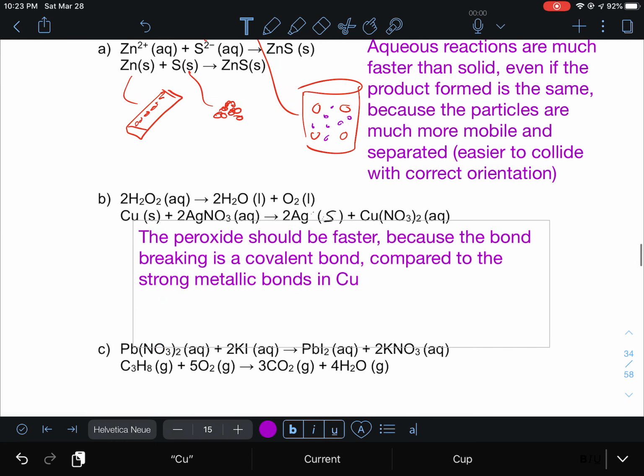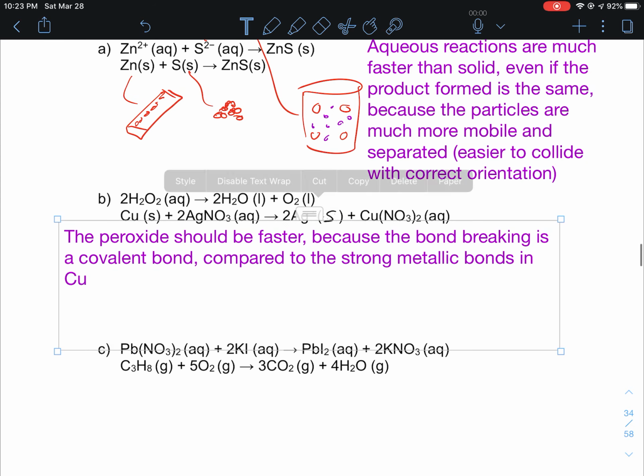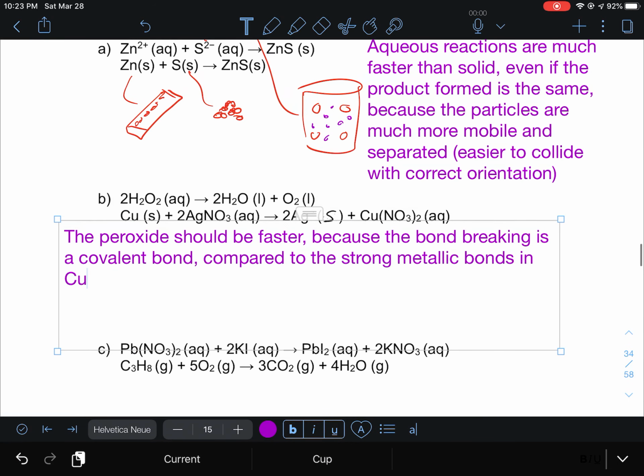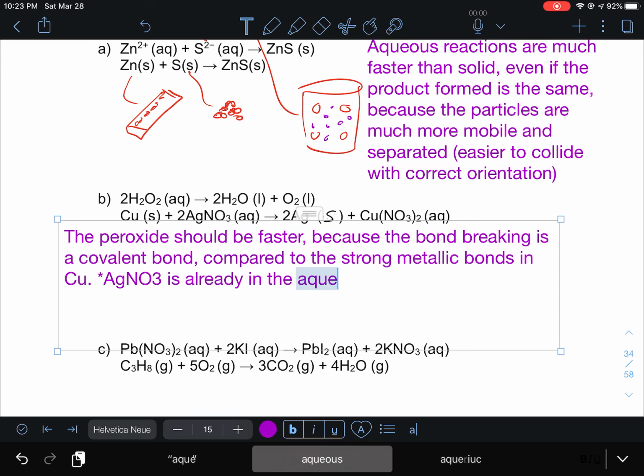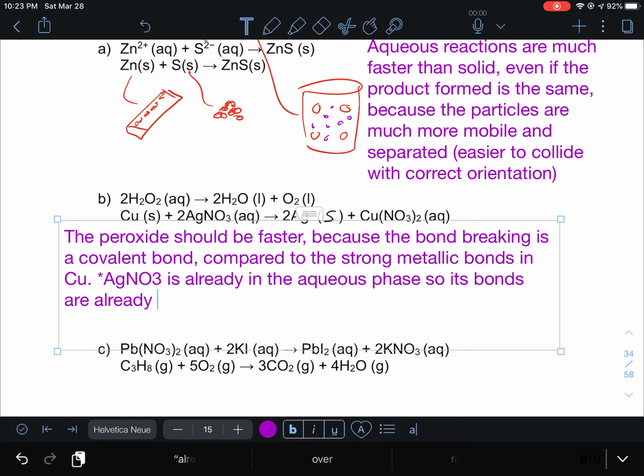I think that we can almost ignore the silver nitrate bonds because those are already in the aqueous phase. So the AgNO3 is already in the aqueous phase, so its bonds are already somewhat broken.